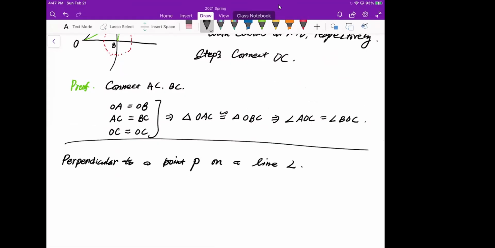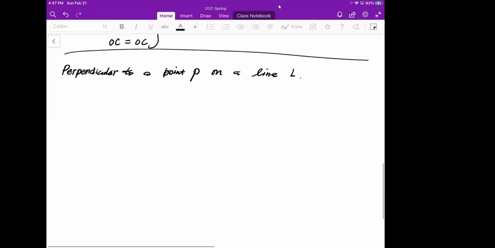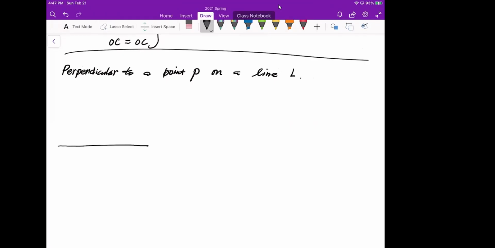Let me call that line L. So that means I have the following question. This is my straight line L, and I have a point P here. What I want is the perpendicular line going through P and perpendicular to the given line.